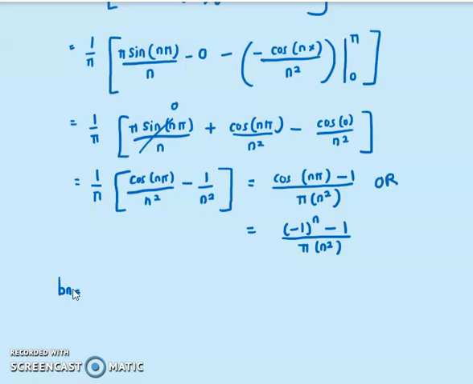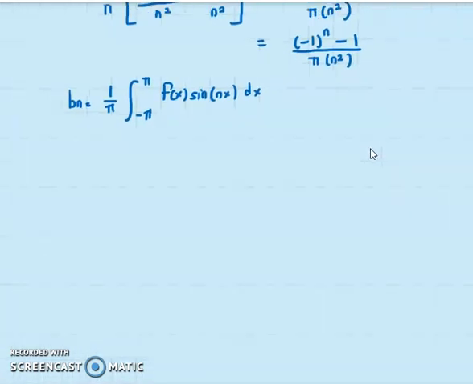We have to find our bn here. So bn will be 1 over pi, the integral from minus pi to pi of f(x) sine nx dx. Okay, so similar to what we did for our an, since we know the interval from minus pi to 0 is 0, we're just going to write it from 0 to pi x sine nx dx.